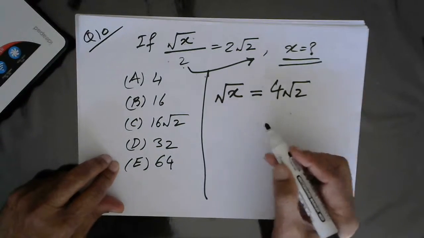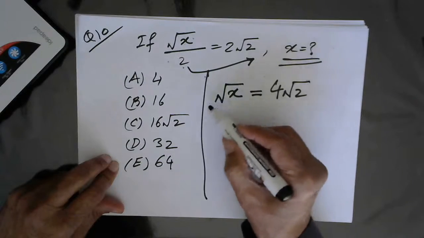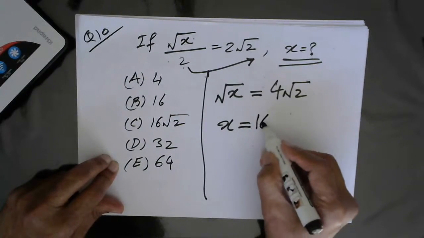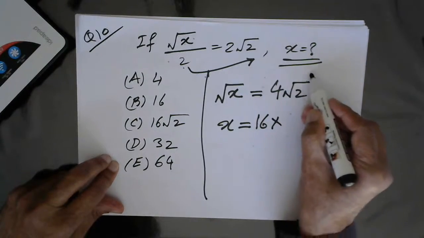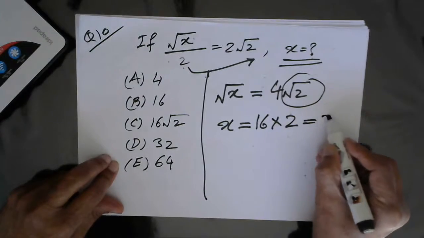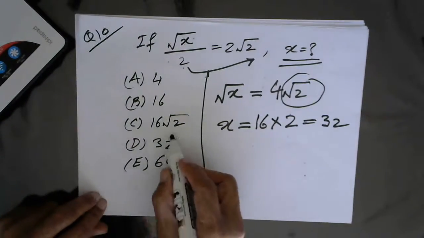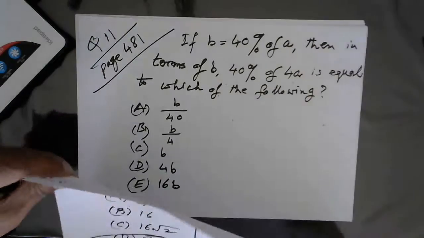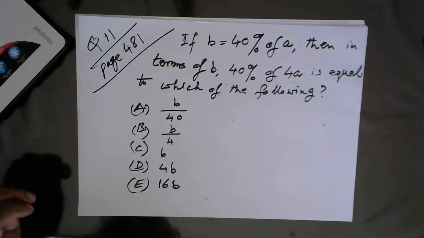Now if I square both the sides to get rid of this radical sign, I will get x here. The square of 4 is 16 and the square of square root of 2 is 2. So the answer is x is equal to 32. This is the answer.